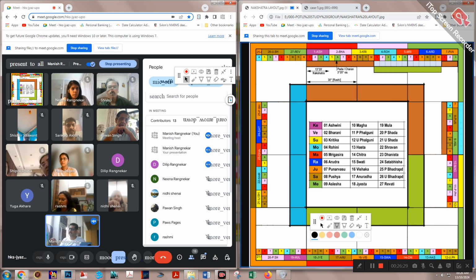This is a further division which I don't want to get into just now, but if a planet is seated in a Rashi, it will demonstrate something related to Rashi. If you remember, for Rashi I told you Tattva and Swabhav: fire, earth, air or water. Then it was Dvi-swabhav, Chara or Sthira, so whether it's fast moving or slow moving.